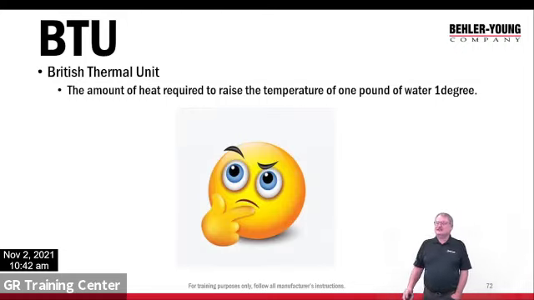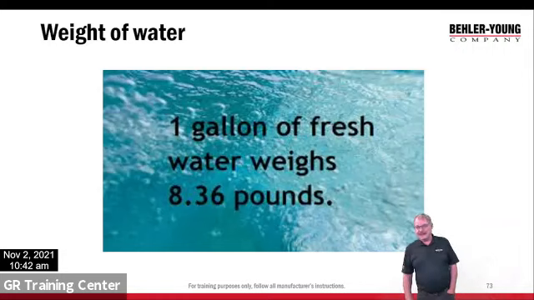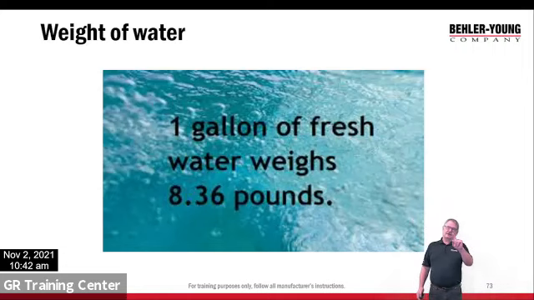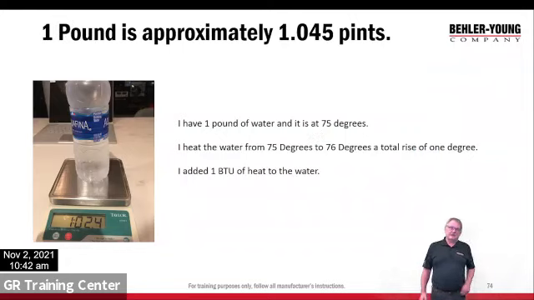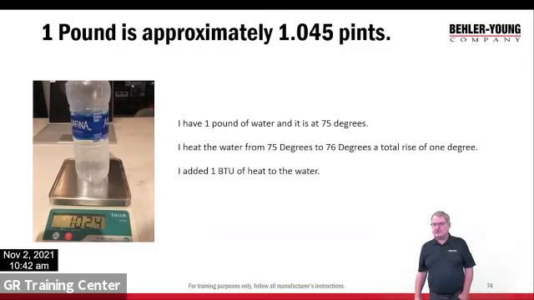So let's take a deeper look at that, because everything we do is based off of this. All right, so a gallon of water weighs 8.36 pounds. All right, so that's 8.5 pounds of water. We're talking about 1 pound of water. So how much is a pound of water? So if I look at this, I have 1 pound of water, which is this bottle of water. We've got it weighed out, and you look at a little scale, it's about 1 pound.